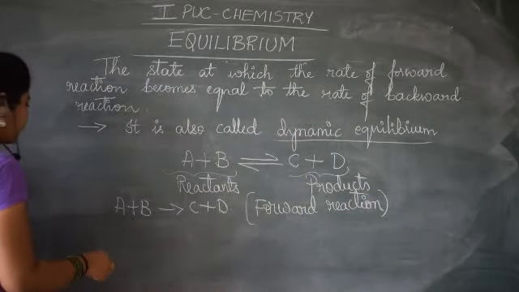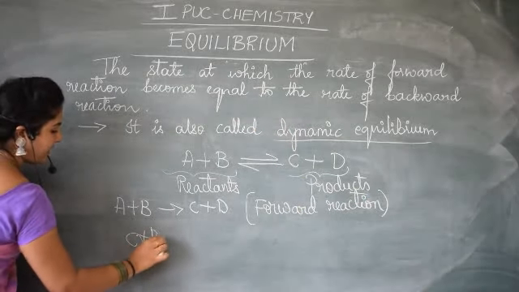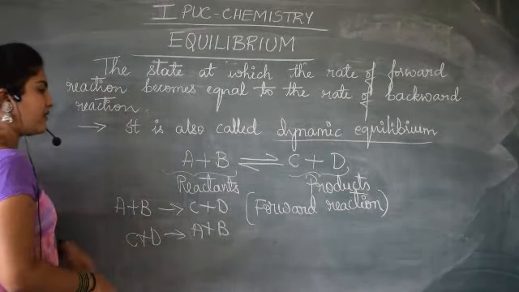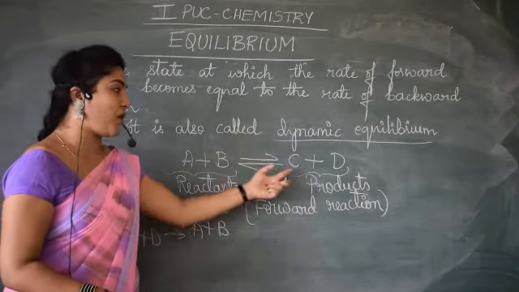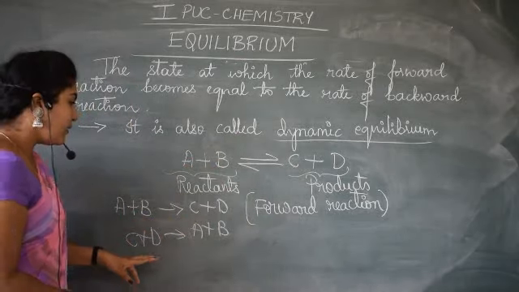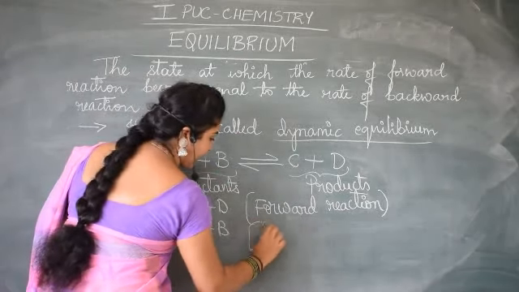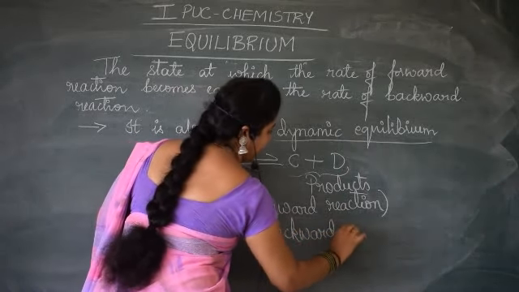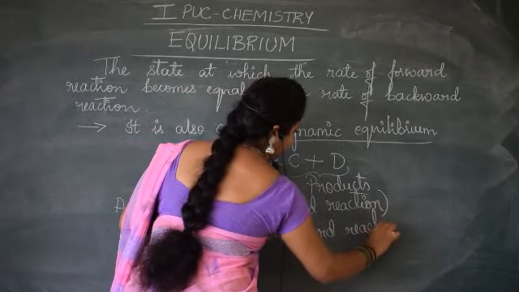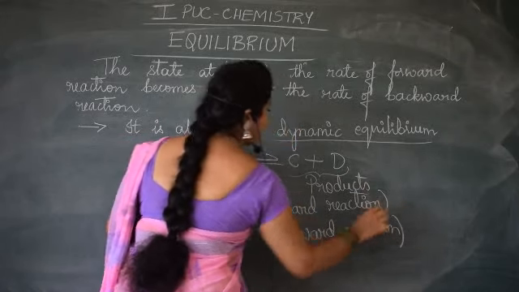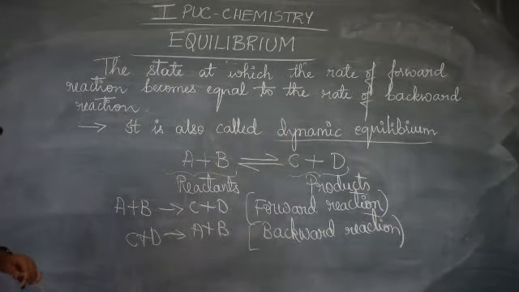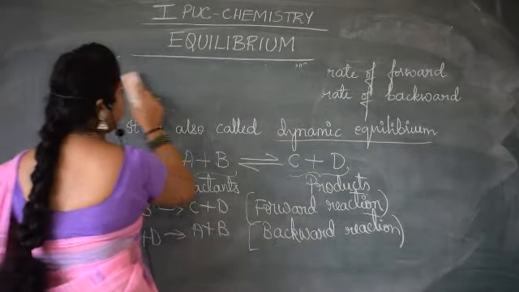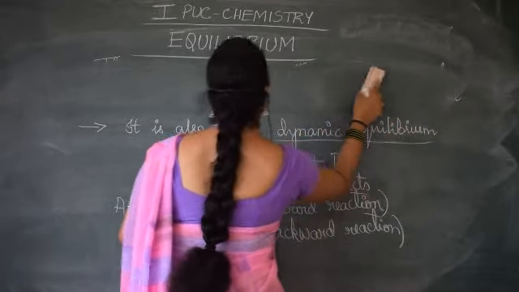And C plus D forming A plus B, that is products forming reactants in turn, we call the backward reaction. So let us plot a graph for this in general by considering the change in concentration of reactants and products.